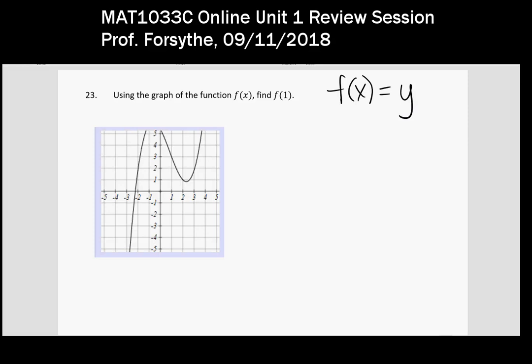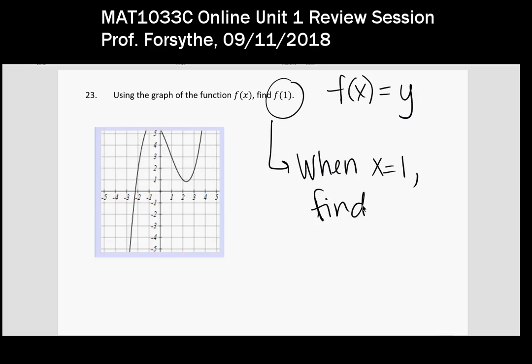So if you see f of x, you can substitute that for y, so it makes more sense in terms of an x and y coordinate plane. So it's saying to find f of 1. What this is saying is that when x equals 1, find y. That's what that is saying to you, but in function notation.